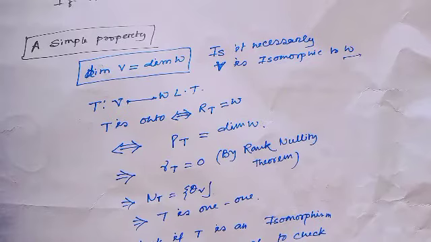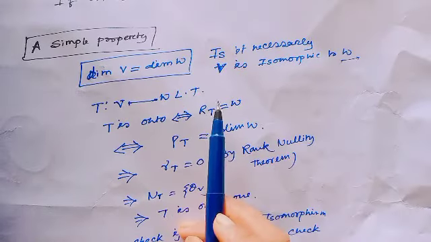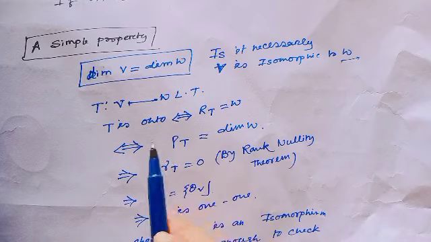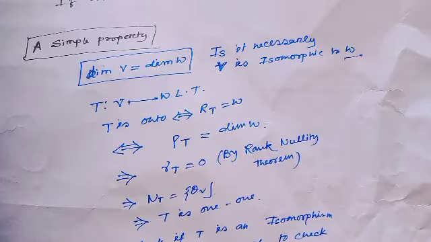When there exists a linear transformation T from V to W, then T being onto always implies T is one-one.